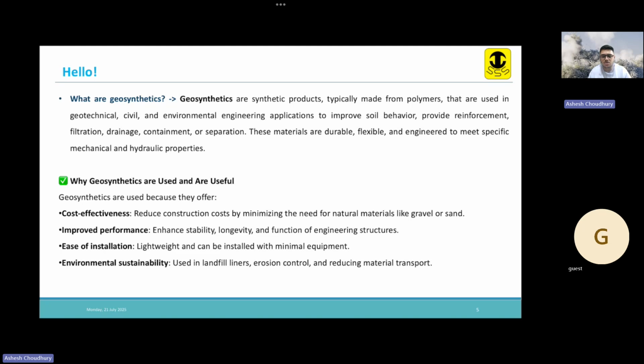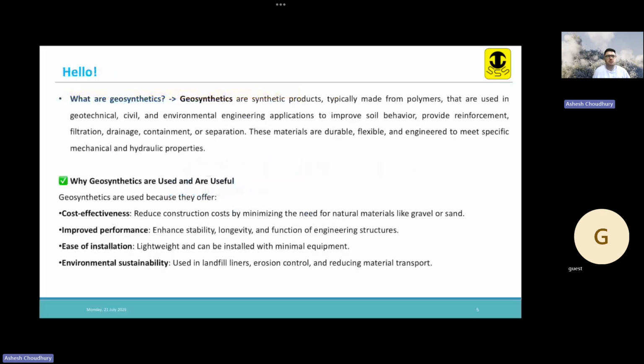So let us continue with the lecture. What are geosynthetics? What do you think geosynthetics are? This is the basic, generalized definition of geosynthetics. Geosynthetics are synthetic products. The term geosynthetic is made up of two words, geo and synthetics.